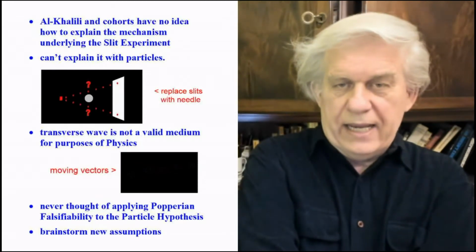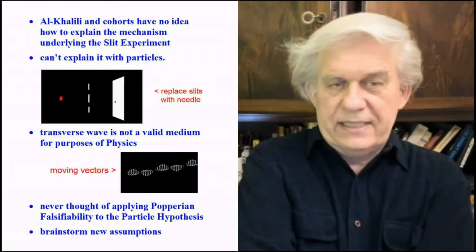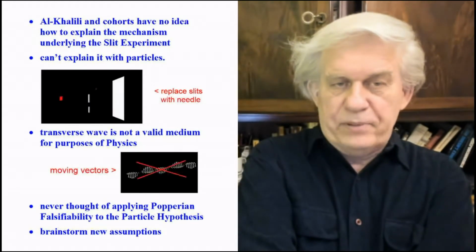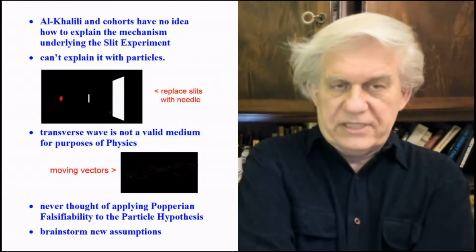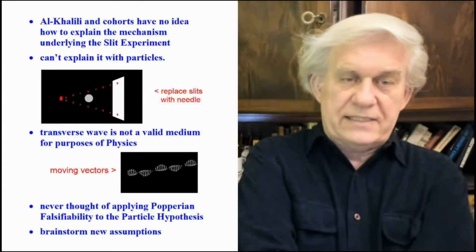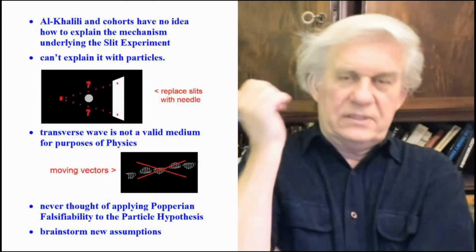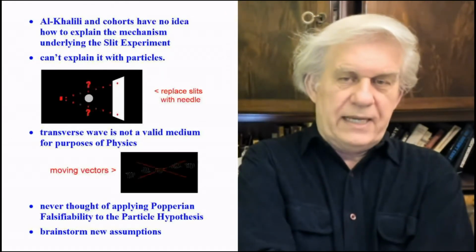Okay, and the main problem there, you can see, is that if we remove the slit and put a hair, a human hair, or what I do, put a needle, which is air, then the photons or the electrons have nothing to bounce against to come into the screen, to interfere with each other. Okay, so this is the issue.